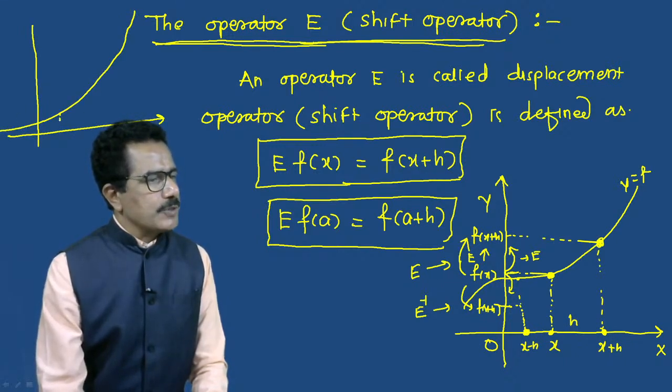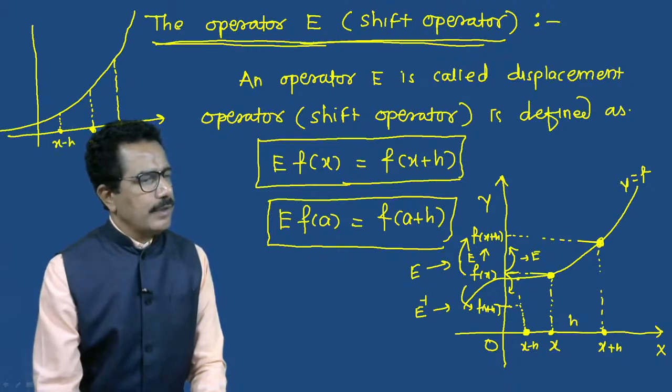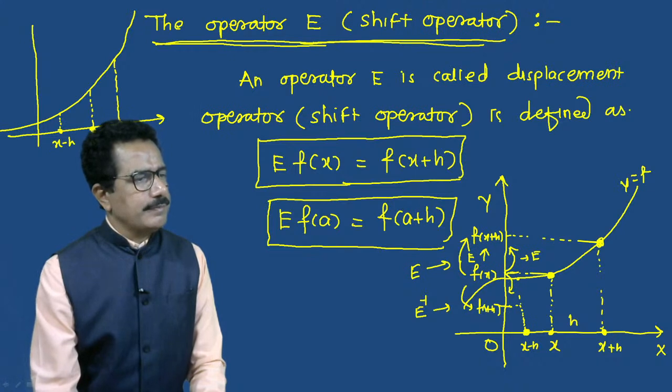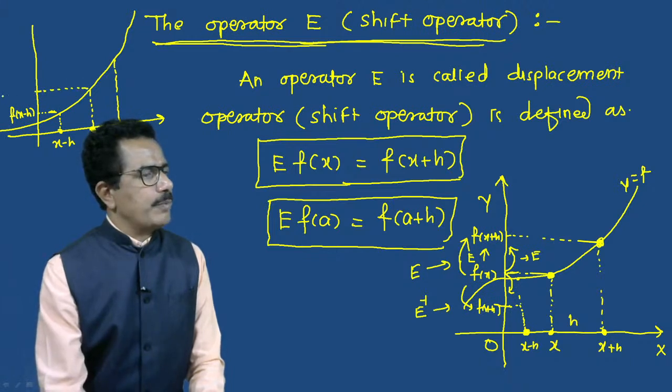Suppose this is x, this is x plus h, the increment, and this is x minus h. Then the corresponding functions are f of x minus h, f of x, and f of x plus h.